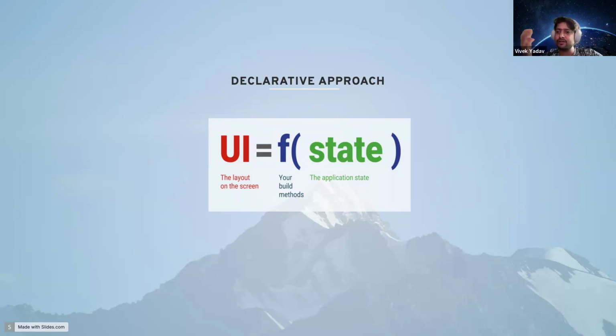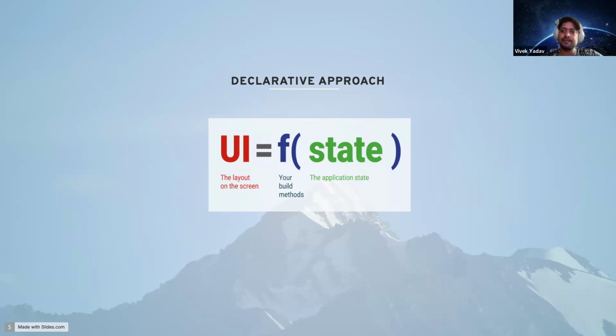And if you look very closely at this image, you can see your UI, right? It is nothing but a function, right? But a function of what? A function of state, right? Let's take an example of a login page, right? So your login page can have a logged in state, it can have a logged out state, right?